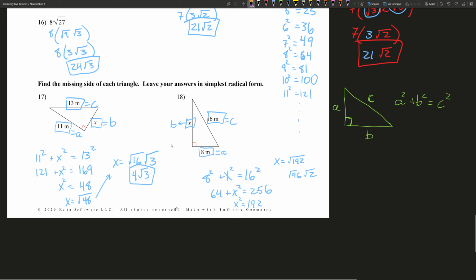I'm going to redo this just a little bit. I'm going to rewrite this as the square root of 16 times the square root of 12. So this is 4 rad 12, which we can simplify further. So that's 8 rad 3.